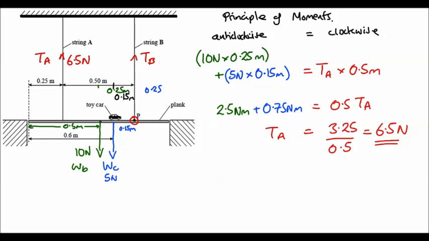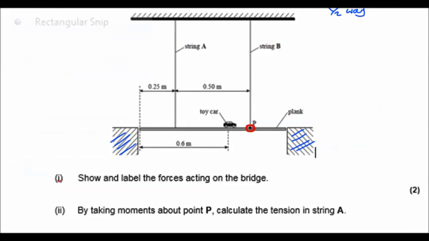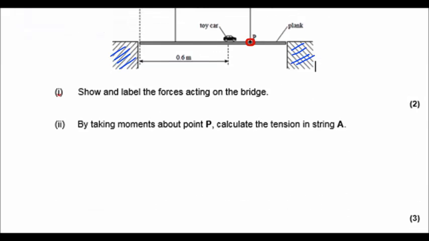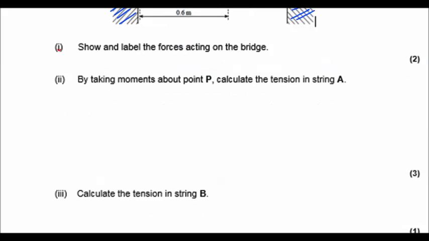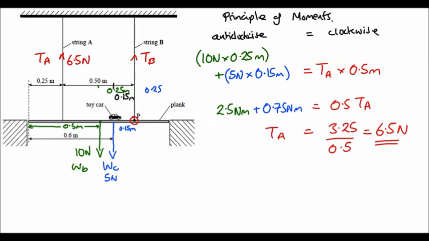The last bit of the question is that once you've got that tension figured out, work out what the tension in string B is. So here we go. We know that tension, we know the weight of the bridge, we know the weight of the car, and you don't have to do moments again here.